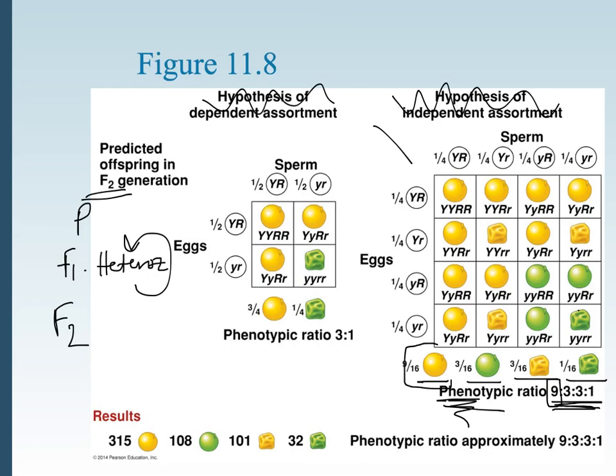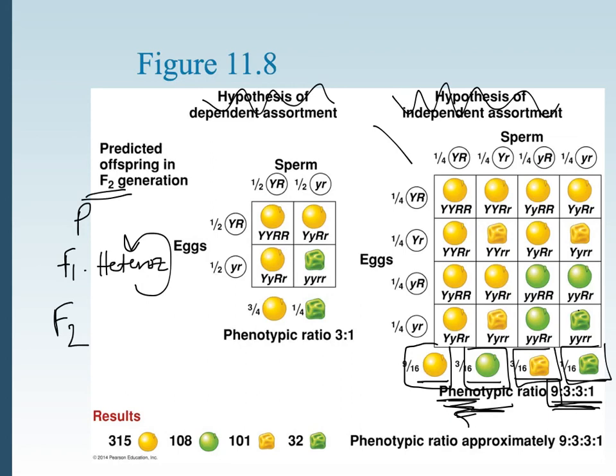This one is expressing dominant color and dominant wrinkleness. This one is showing dominant wrinkleness, which is none, and then the recessive color, okay, dominant color, recessive wrinkleness, and then recessive for both. It's phenotype, it's not genotype.